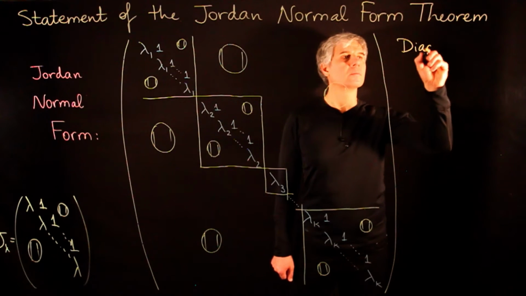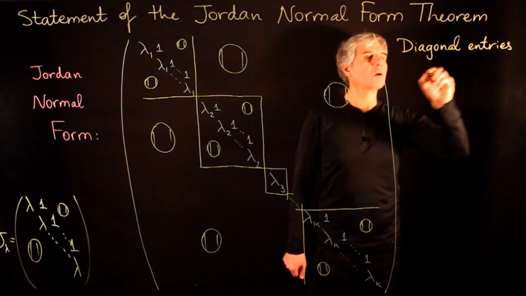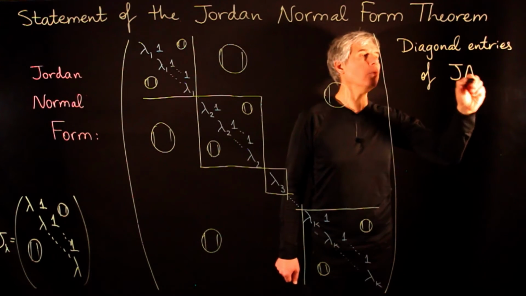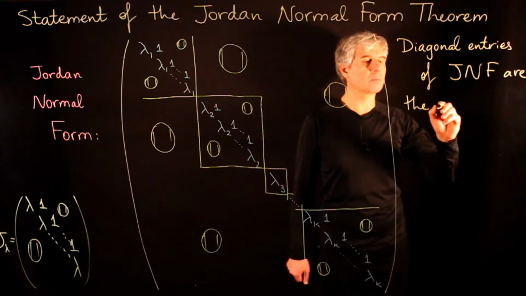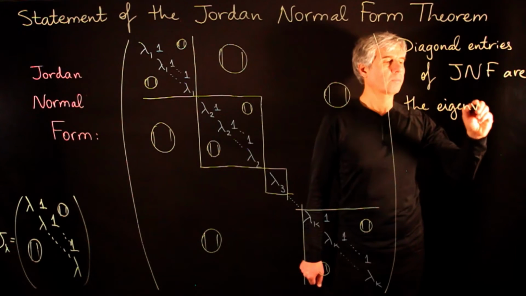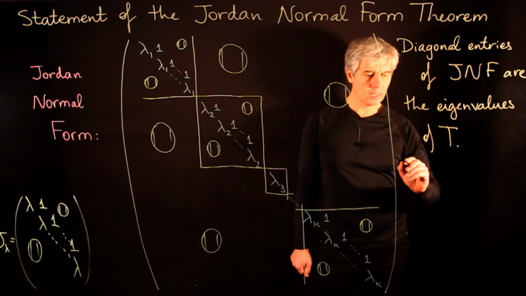Diagonal entries of this Jordan normal form are the eigenvalues of our operator.